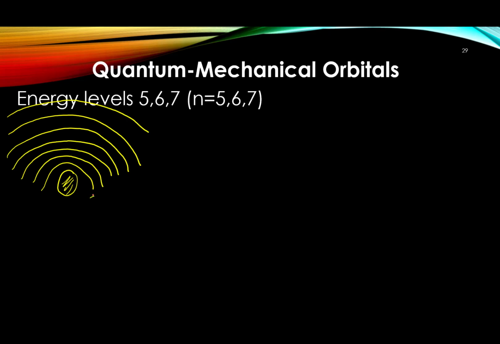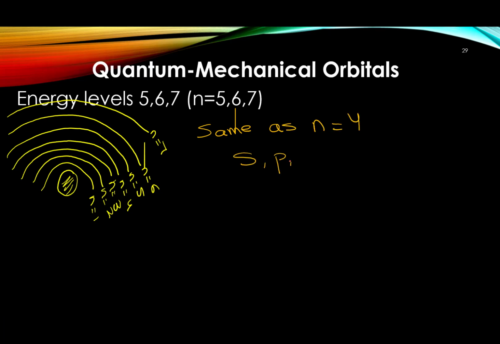This one is 1, 2, 3, 4, 5, 6, and 7. Okay, these are 7 energy levels. Then energy levels 5, 6, and 7 are the same as energy level 4. We have S, P, D, and F orbitals. From energy level 4 to 7, we have all S, P, D, and F orbitals.